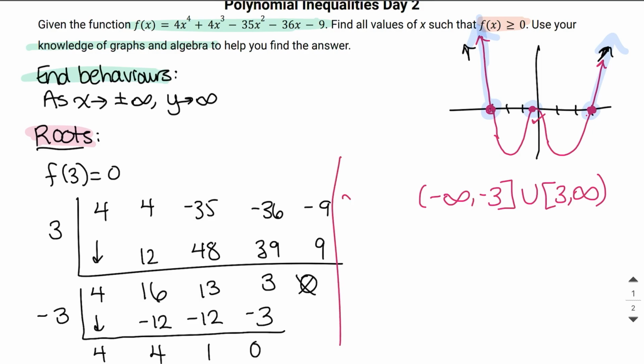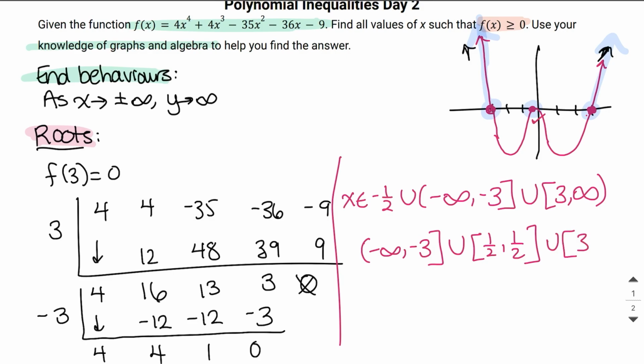So what we'll say here is x is an element of -1/2, or -infinity to -3 inclusive, or 3 inclusive to infinity. That's one way that we could write our solution. We could also write our solution as -infinity to -3, close our bracket, and then from -1/2 to -1/2. So pretty much it's just at -1/2, and then again from 3 to infinity. Either one of these would work.